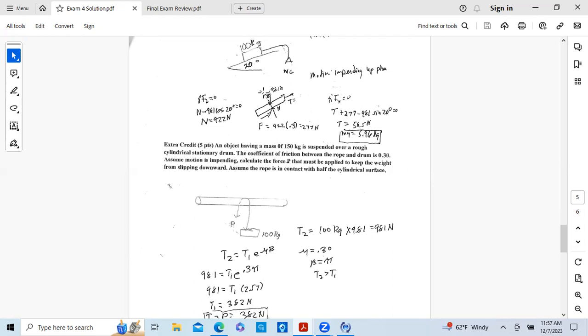Taking this in this direction is a cosine function. It's opposite. So it's 981 cosine of 20 degrees equal to 0. You get T then equal to 56.5 newtons. You could have just stayed with the kilograms to begin with. I changed it to force just to be using the forces. And so mg then in kilograms is 5.96 kilograms.